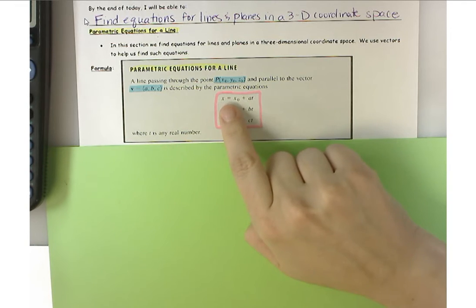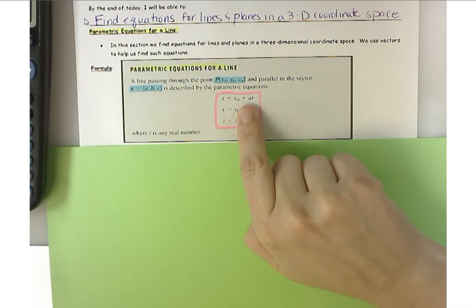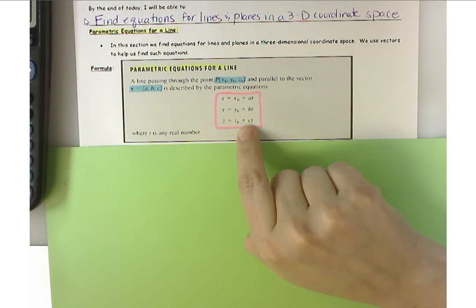These are going to be parallel to the vector, but how would you describe where a is? Eddie, how would you tell somebody where that is? A, B, and C are all where?